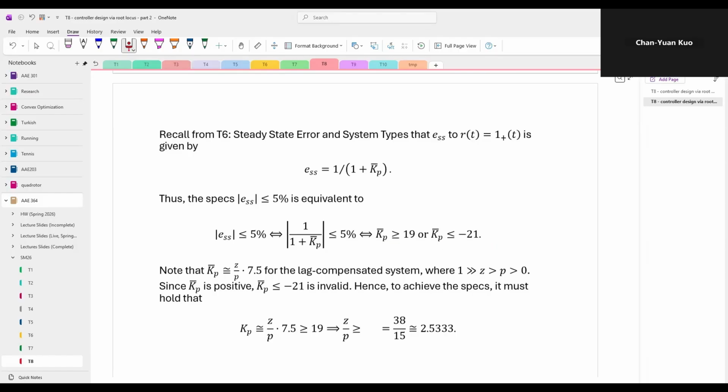And from our previous analysis, we can see that the constant must be positive in this case. So let's focus on the case where the constant must be greater than 19. And from here, we can see that to meet the specifications, the ratio has to be greater than 19 over 7.5, which is approximately 2.5333.